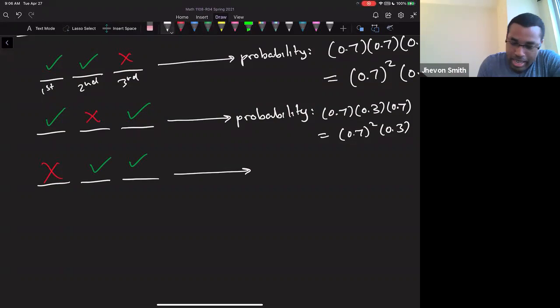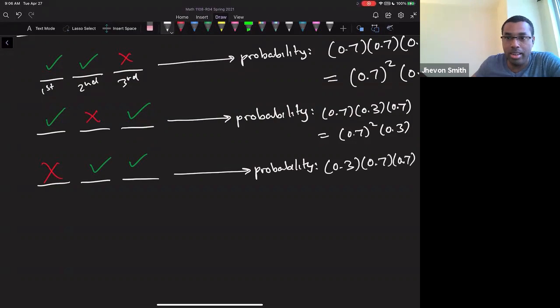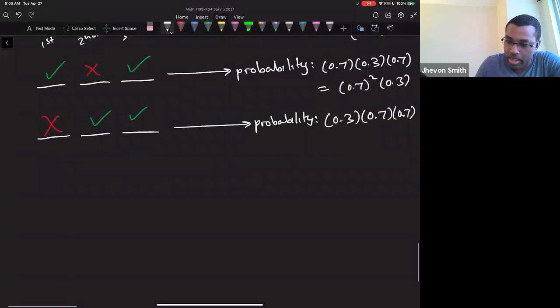But now if you look at that in terms of probability, that just means he got a 0.3 and then he got two 0.7s. There was a 30% chance that he would have missed it, and then 70% chances that he would make it on the other ones. But you'll notice that that's actually the same thing.